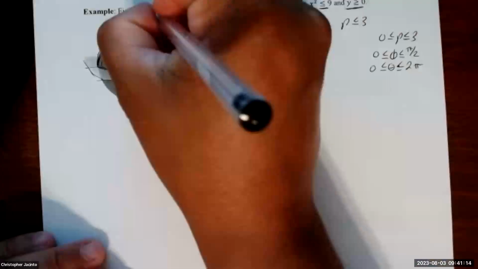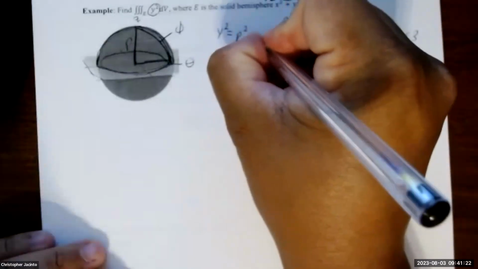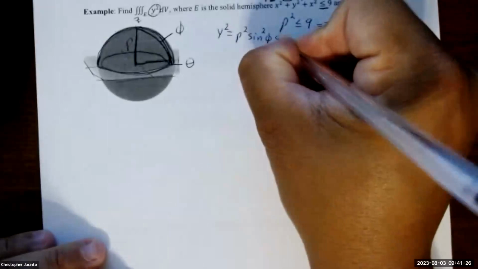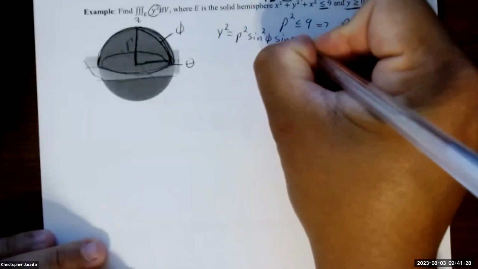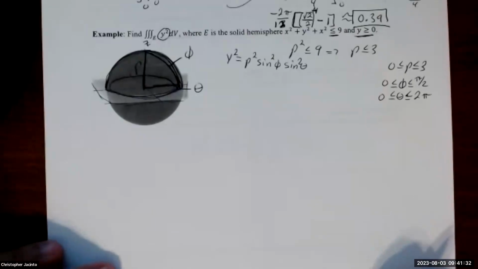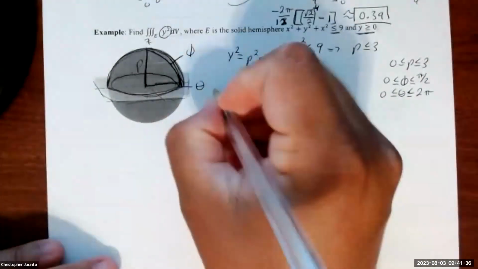All right, and then y squared is going to look like this horrible mess. So we're going to have this triple integral.